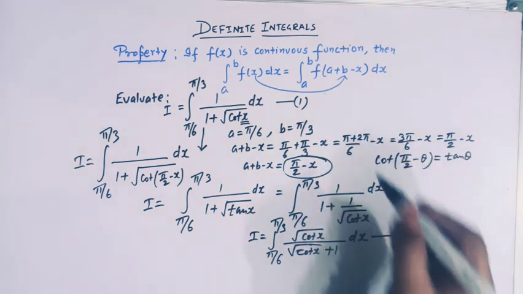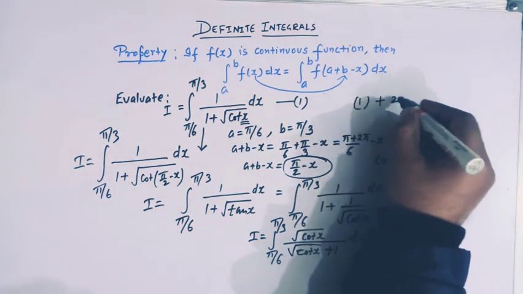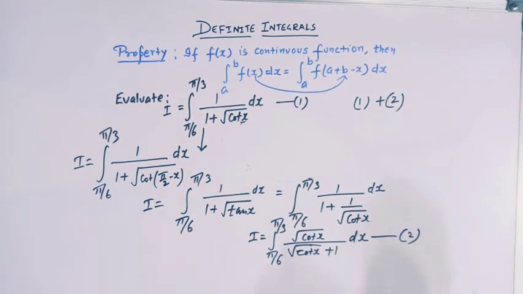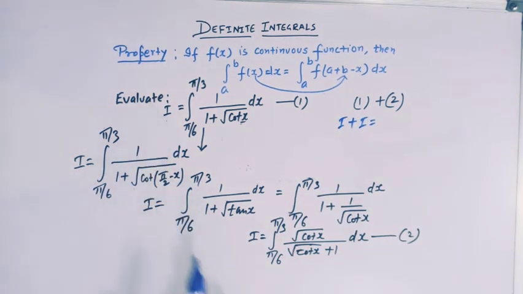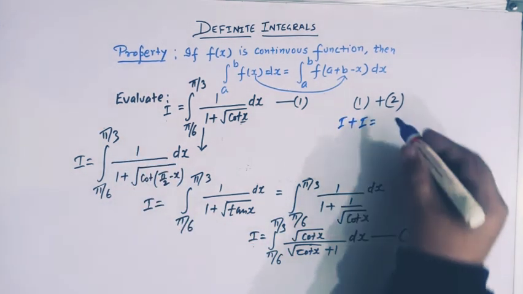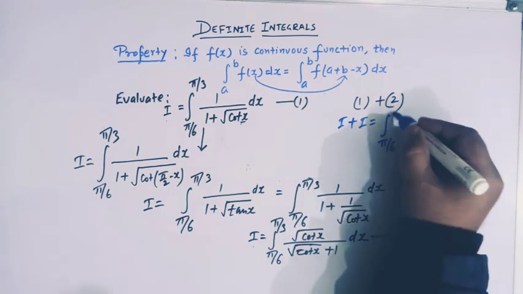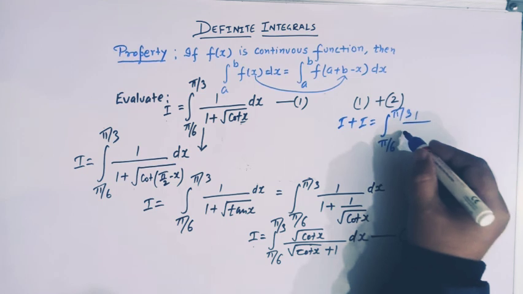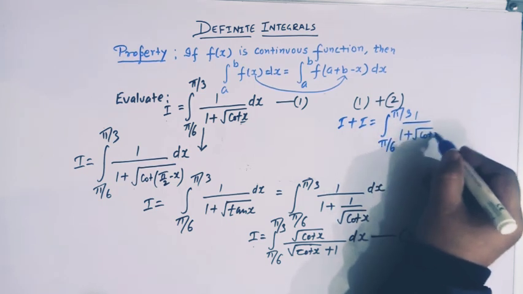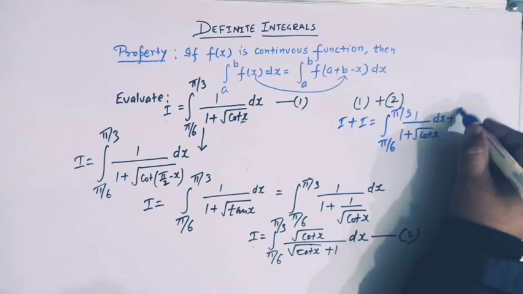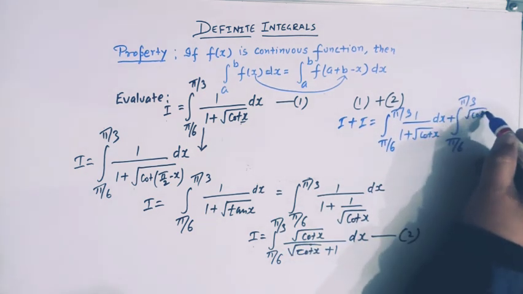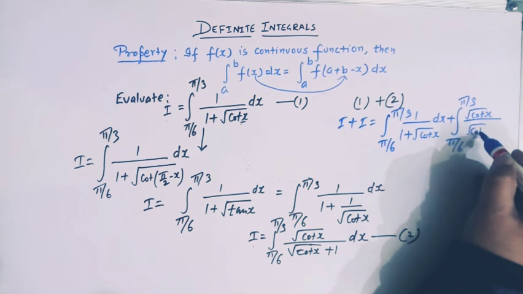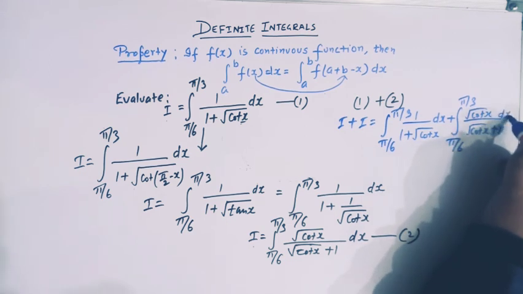So adding 1 and 2, we get I plus I. So here we have I and here we have I, and here we have the integral from pi by 6 to pi by 3 of 1 over 1 plus square root of cot x dx plus the integral from pi by 6 to pi by 3 of square root of cot x divided by square root of cot x plus 1 dx, right?